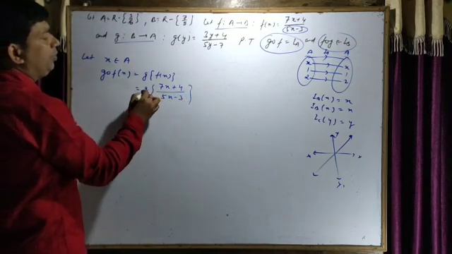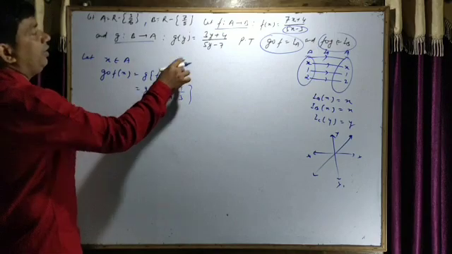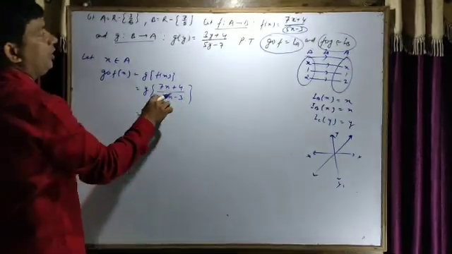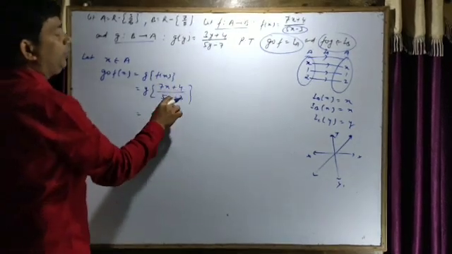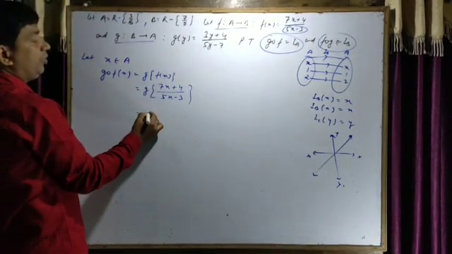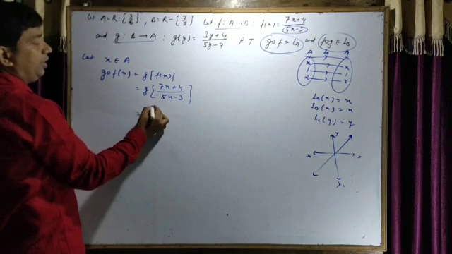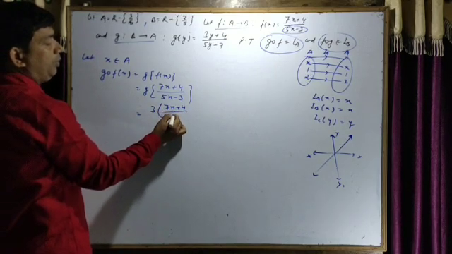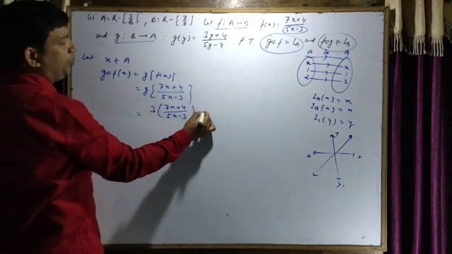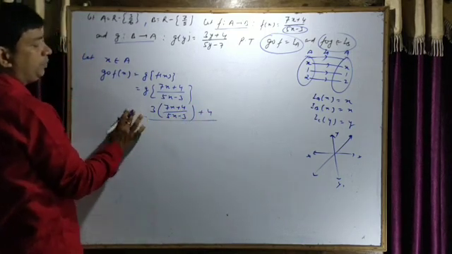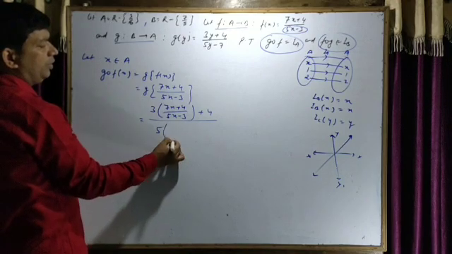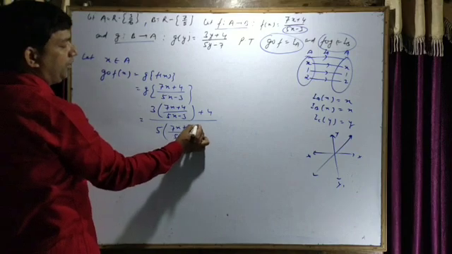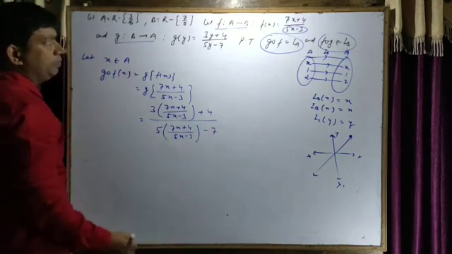In place of y, it is written g of y as this much. So g(f(x)) is 3 times (7x + 4)/(5x - 3) plus 4, divided by 5 times (7x + 4)/(5x - 3) minus 7.